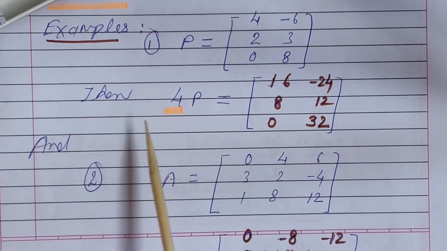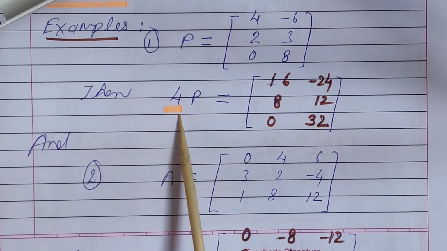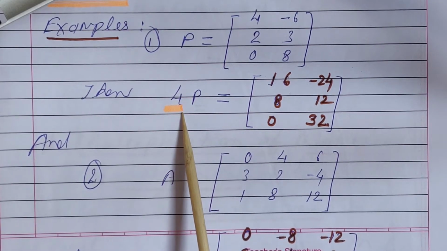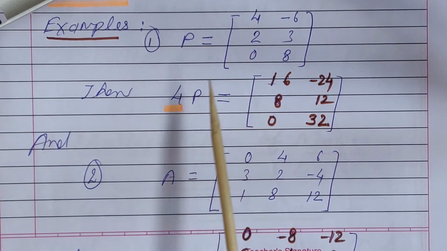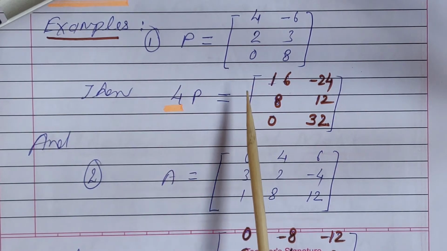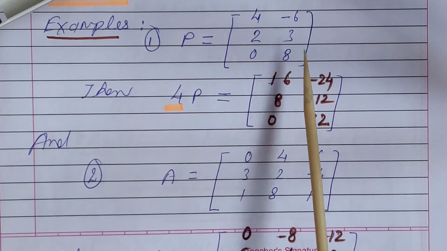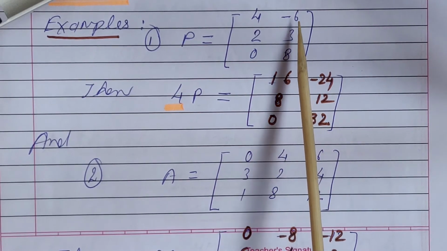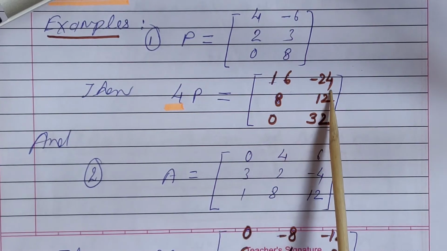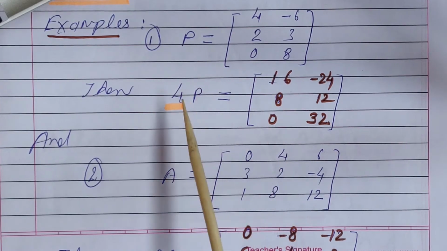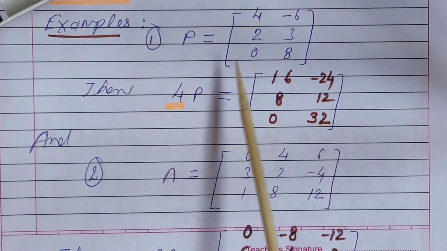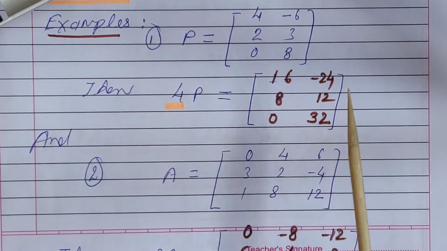Now 4P, here 4 is scalar. Now we have to multiply this matrix by 4 in each element. We will get 4 4s are 16, 4 6s are 24, it is minus, then minus 24, 4 2s are 8, 4 3s are 12, 4 0s are 0, 4 8s are 32.